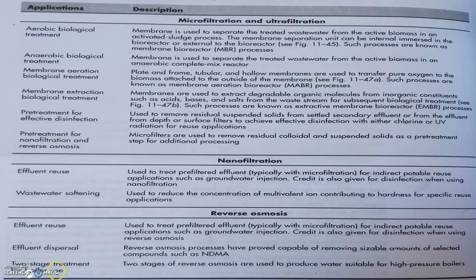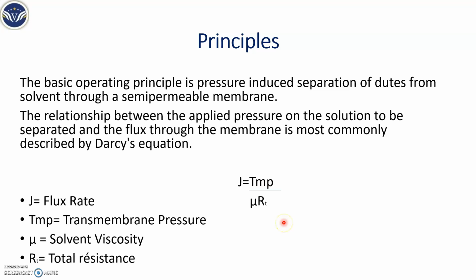You can see these are the applications where they are being used, like effluent recycle, effluent disposal, wastewater softening and all. So you can see with respect to ultra and microfiltration over here, with respect to nanofiltration over here, with respect to reverse osmosis filtration over here.